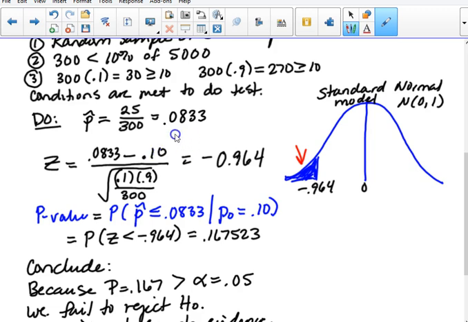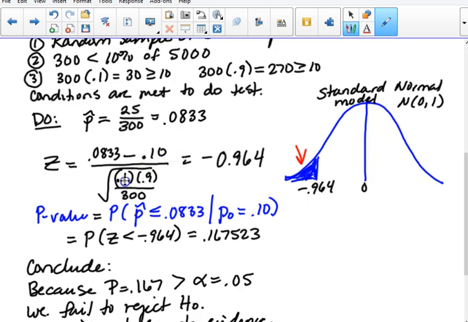So to standardize that, we find the z-score. 0.0833 minus 0.10 is the difference between the null hypothesis proportion and the sample proportion. This is the standard deviation of p hat. In other words, this tells you how much variability we would expect samples of size 300 to have if the population proportion is really 10%.